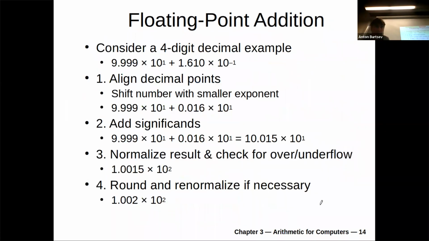Okay, so how do you think floating point addition should work? The algorithm is here on the screen, but let's go through this example step by step. There are a couple of things we have to pay attention to. In general, addition will go similar to how we learned it in elementary school.